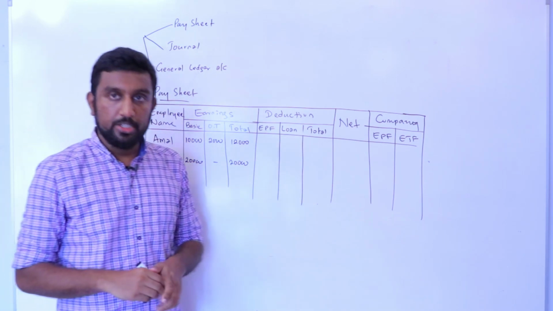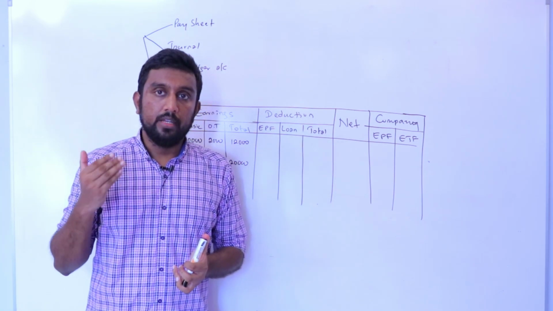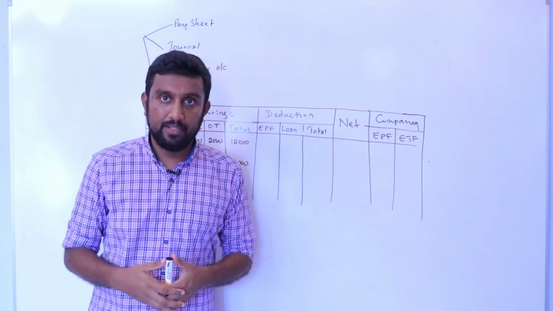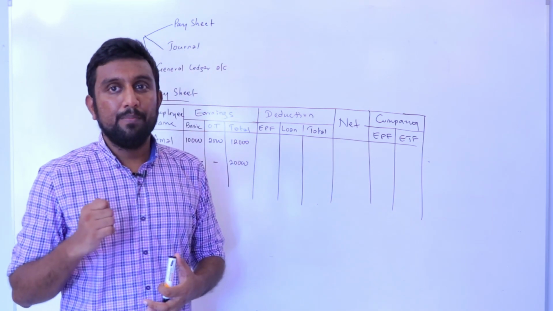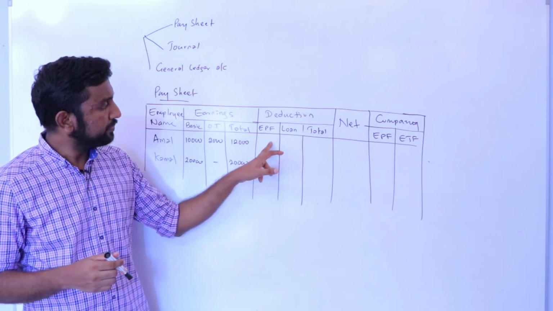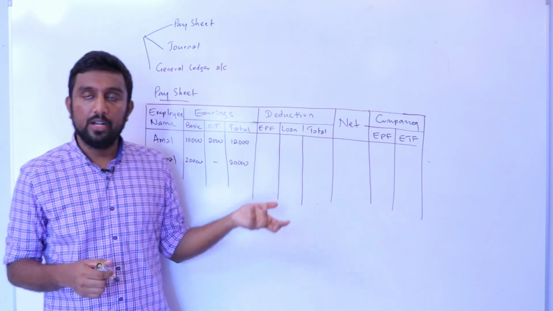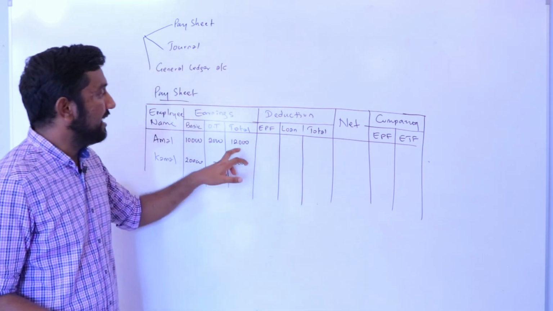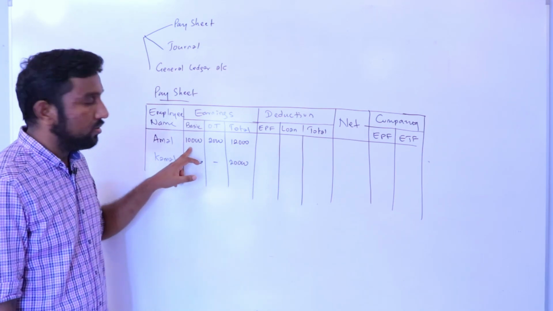Right? Generally the EPF and ETF is based on basic salary. In the question they will mention on which payment you have to calculate the EPF contribution of employee and employer. It means whether it is on the total or on the basic salary.